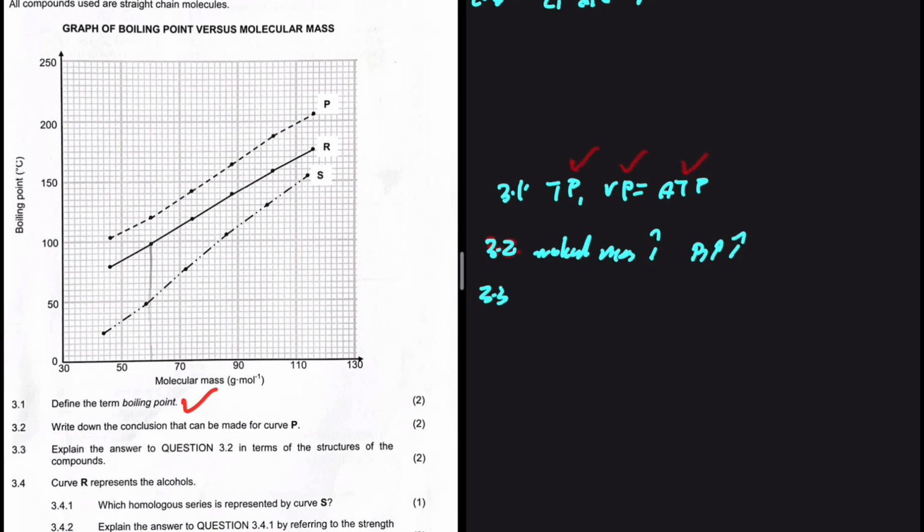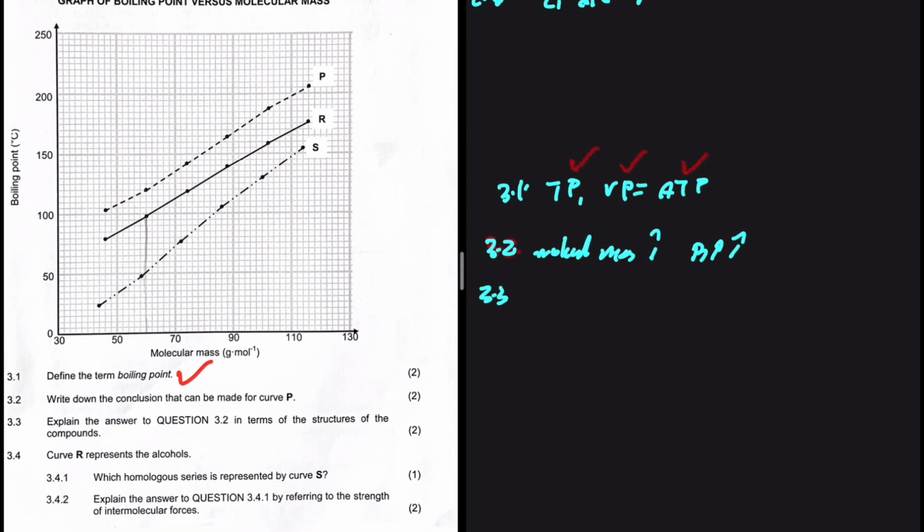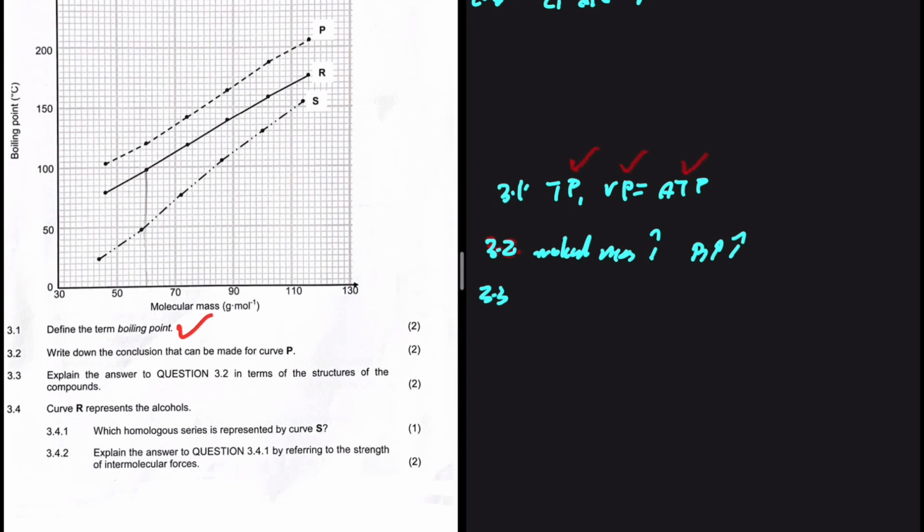When we're told that we have straight chain organic compounds, as the chain is increasing, the London forces are increasing. So that is the reason why when the molecular mass is increasing, the boiling point is increasing. It is because when you increase the number of carbons on your straight chain, the London forces are going to be increasing between those carbons. So that is the reason we're supposed to give for 3.3.